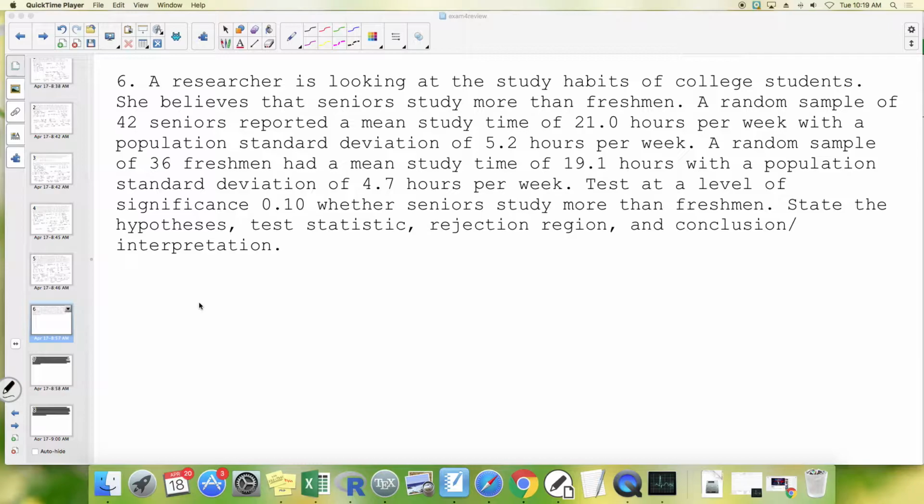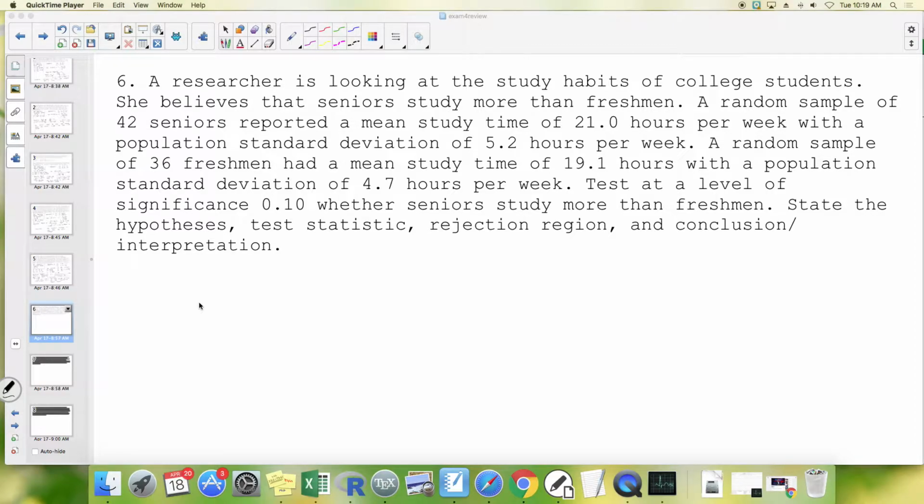A random sample of 36 freshmen had a mean study time of 19.1, with a population standard deviation of 4.7. So, test at the 0.1 significance level whether seniors study more than freshmen.